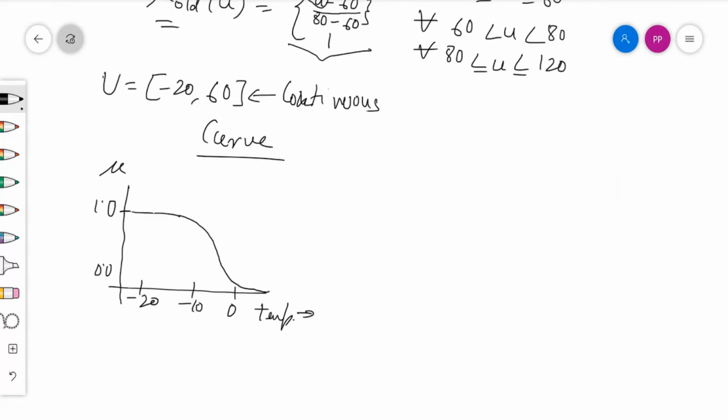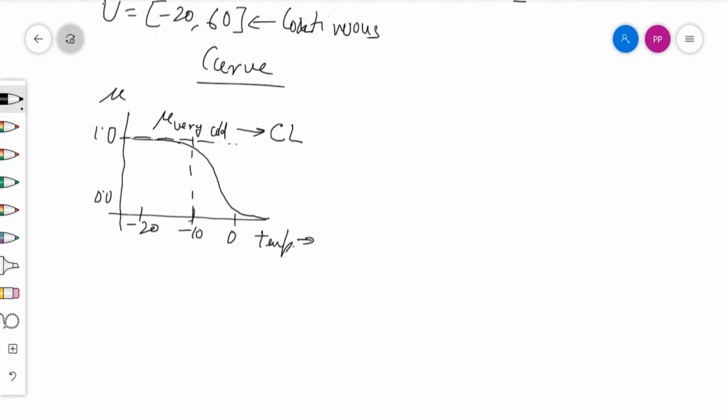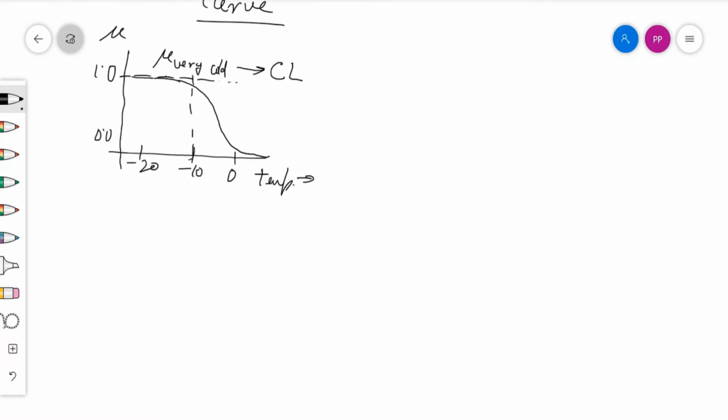So in this case, I can consider that this is the curve where the membership function can be defined as very cold, and when we go for the fuzzy representation, we will say this is cold and low, CL. Similarly we can define the next range from -10 to +10 degrees Celsius.